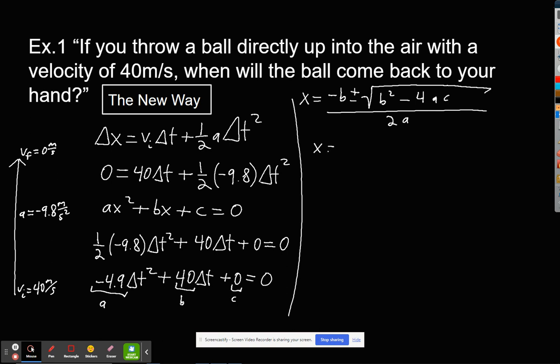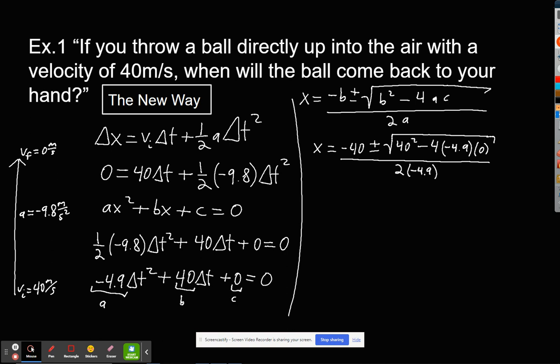Or in this case, negative 40 plus or minus square root of 40 squared minus 4 times our a, which is negative 4.9. Our c, though, is 0. So this whole second term, the 4ac bit, is just going to turn into 0. All of that will be over 2a, 2 times negative 4.9.